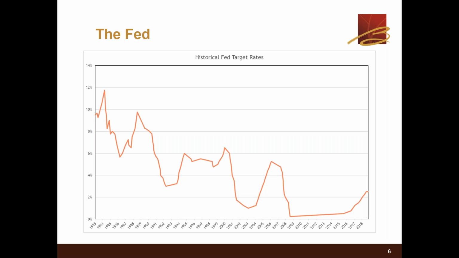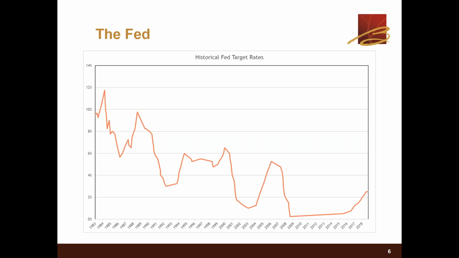When your highs are lower than the previous high and the lows are lower than the previous lows, you can see where it brought us to this historic point where, as I mentioned, in response to the Great Recession and the financial crisis, they literally dropped rates to almost zero, or between 0 and 0.25.